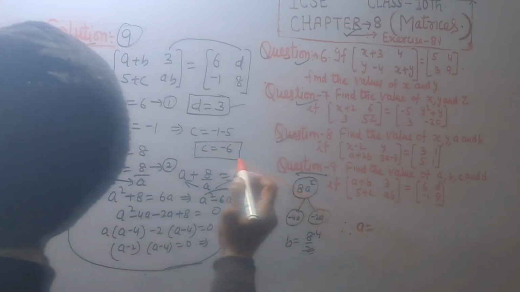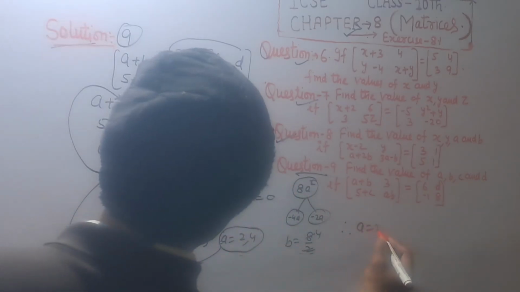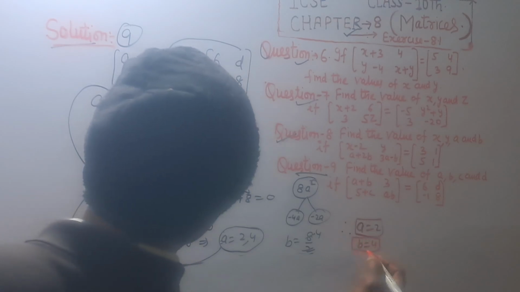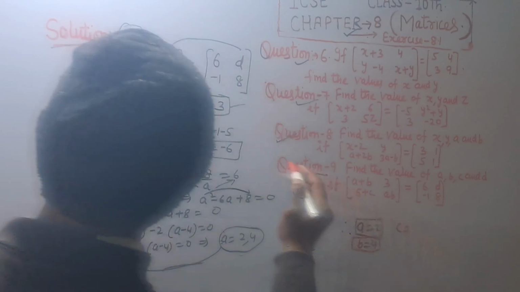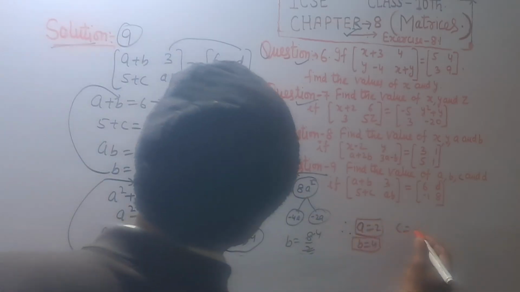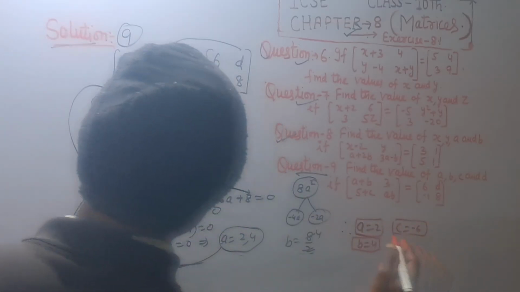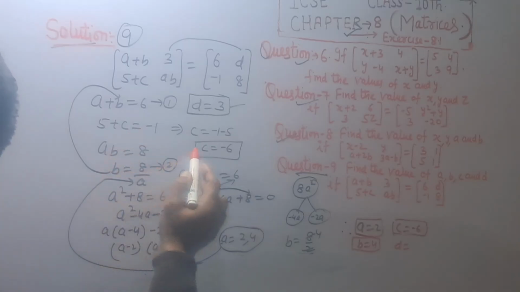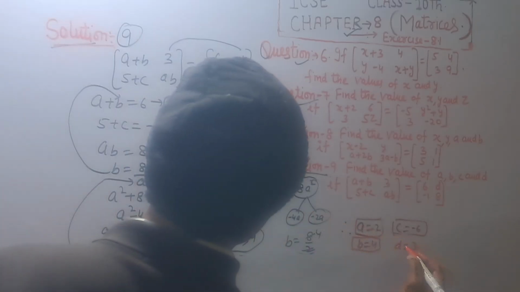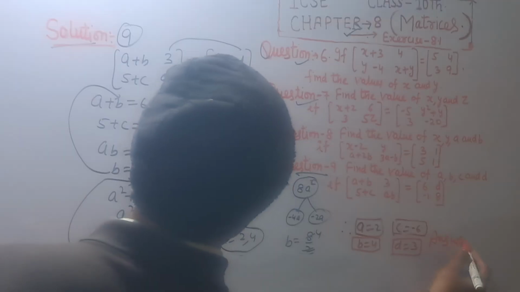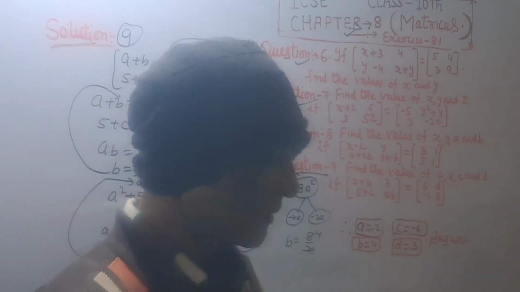So a is equal to 2, b is equal to 4, c is equal to minus 6, and d is equal to 3. Answer. Thank you.